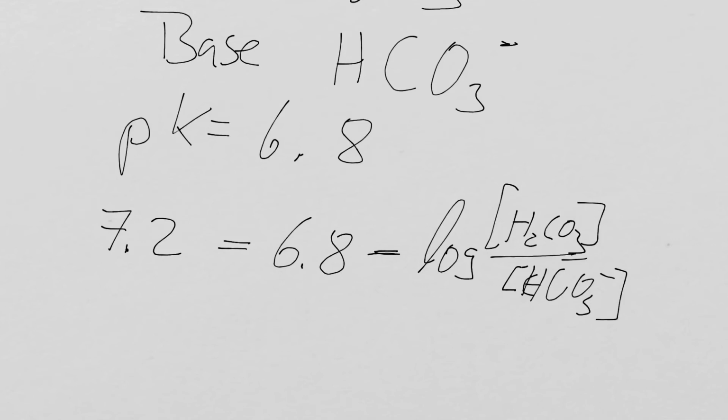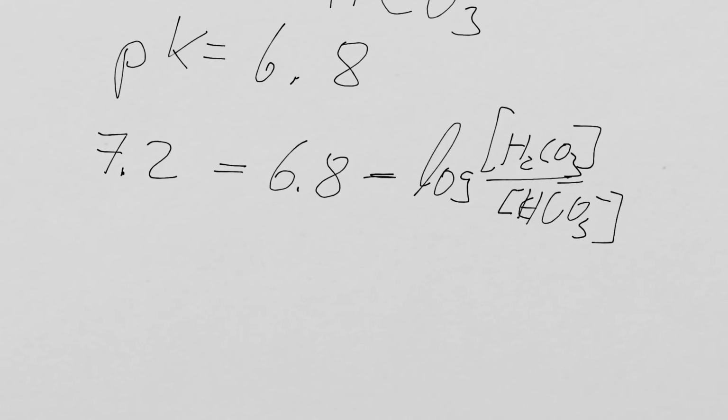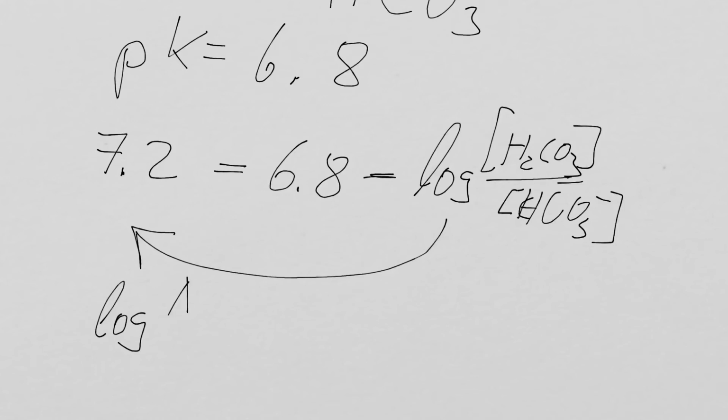Well, we bring that to one side. We have log acid to base equals 6.8 minus 7.2. I just rearrange this equation.